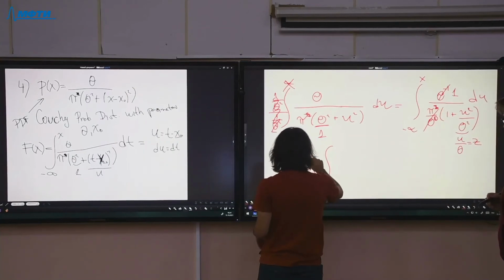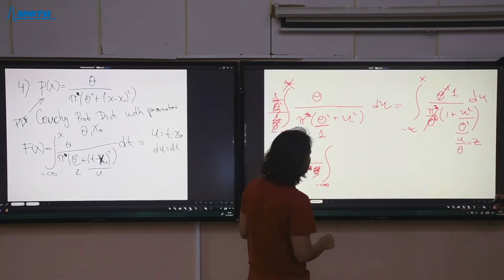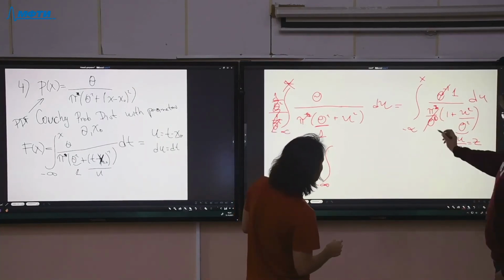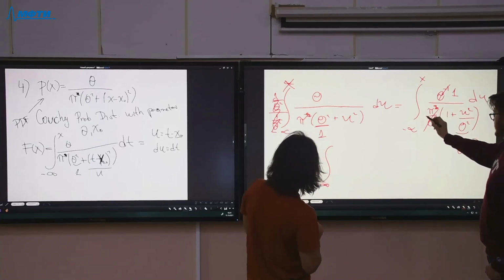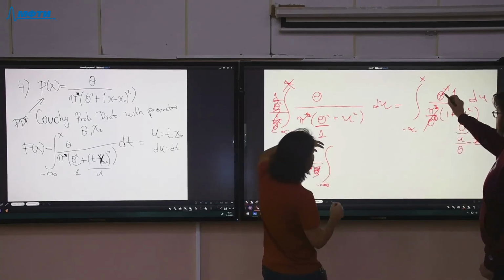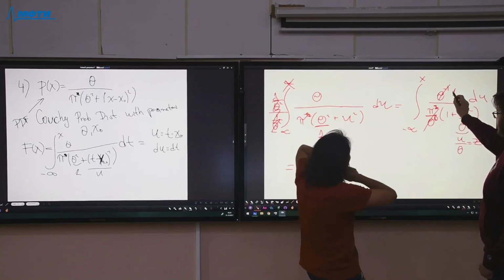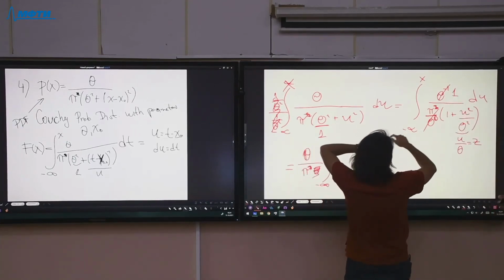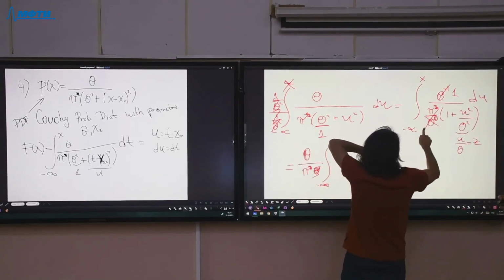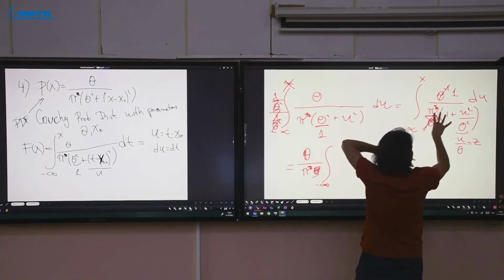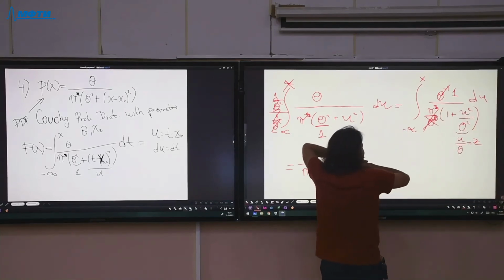It looks like that, but why? Because if it's pi divided by theta squared and then multiplied... No, we don't have theta squared here, because you are multiplying by this one, not by this one.